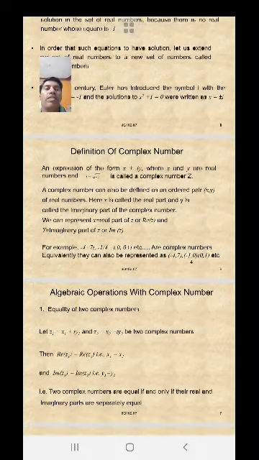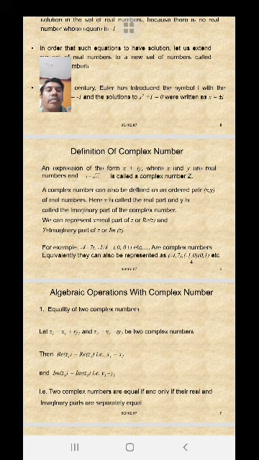So i equals the square root of -1, and the complex number form is x plus iy, where x is the real part and y is the imaginary part.